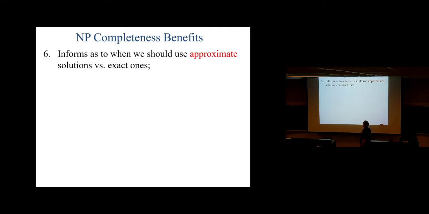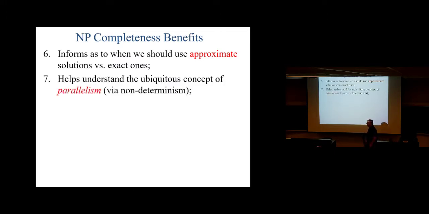It gives you a license to use heuristics without the embarrassment of one day somebody coming up with an exact algorithm that runs very quickly, when you were running heuristics because you didn't know any better. So it tells you exactly when you should and shouldn't use heuristics versus exact algorithms that give you precise solutions.